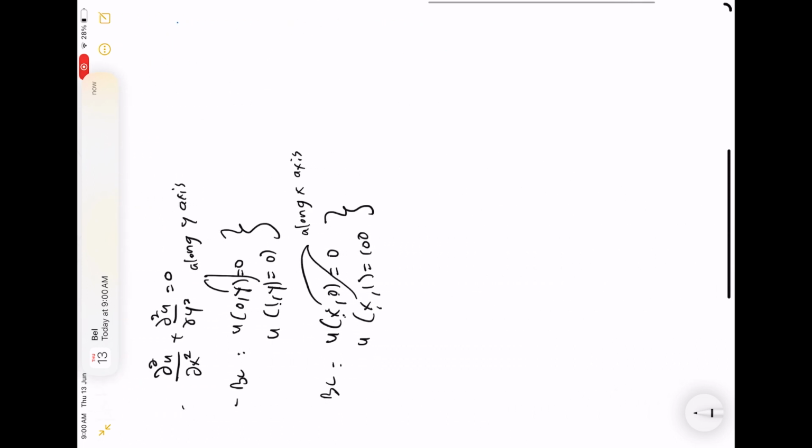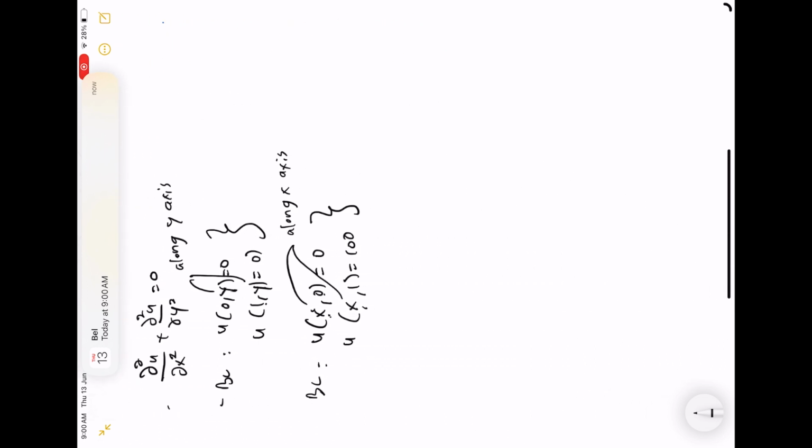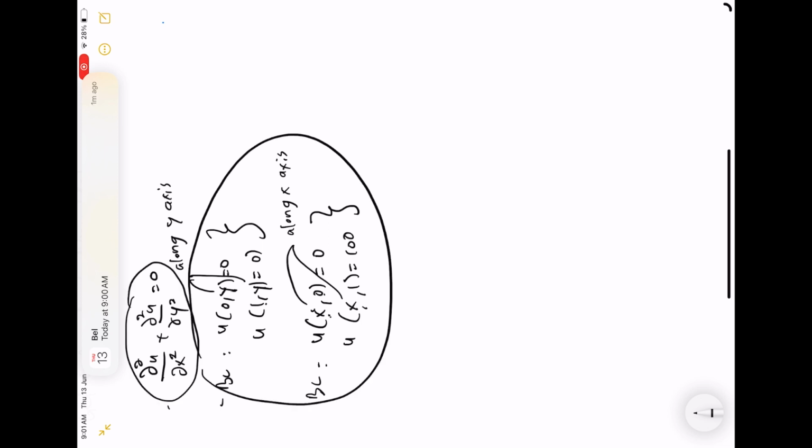Okay, so now you already have your Laplace equation and then your boundary conditions, then you are ready now to find the value. Okay, what you need to do now is change this using separation of variables. Separation of variables how? So d squared u dx squared plus d squared u dy squared equal to 0.